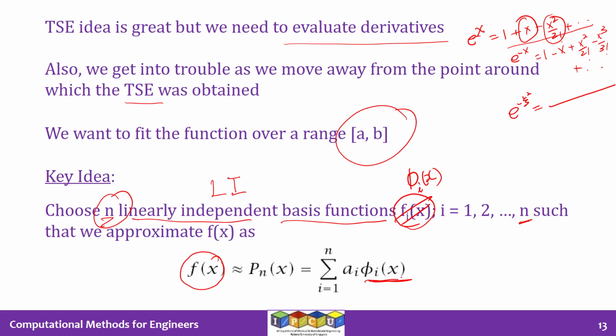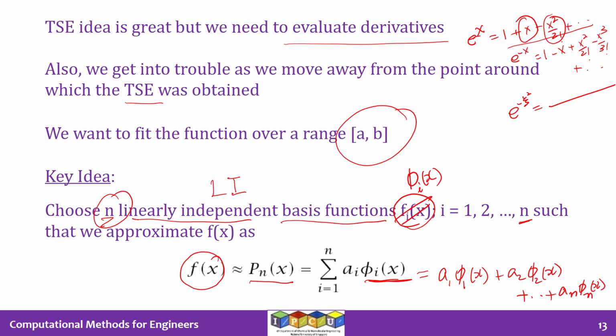So what we can do is approximate f of x as a polynomial of order n, which can be represented as the sum of n basis functions. So f of x can be approximated as a1 psi 1 of x plus a2 psi 2 of x all the way till an psi n of x.